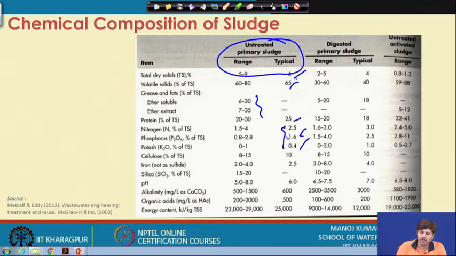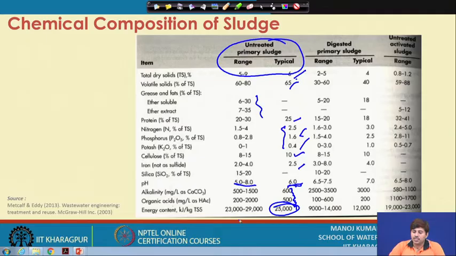So, these are essential nutrients for plant growth, fertilizing components, in the untreated primary sludge. There could be as high as 10% of cellulose, range is 8 to 15. There might be a little iron, then pH is typically from 5 to 8 with a typical value of around 6. Then alkalinity, organic acids, and energy content in kilojoules of the order of 25,000 or so. Okay. So, that is untreated primary sludge.